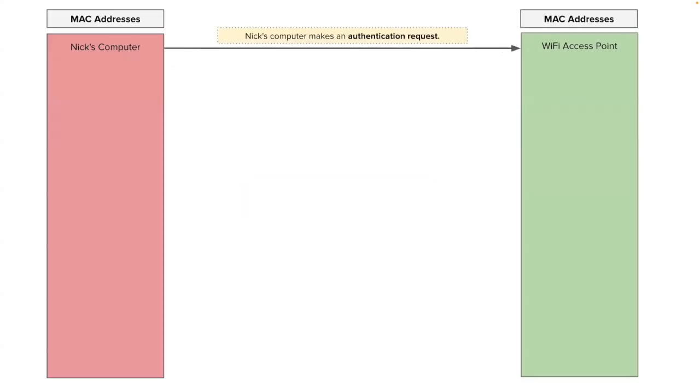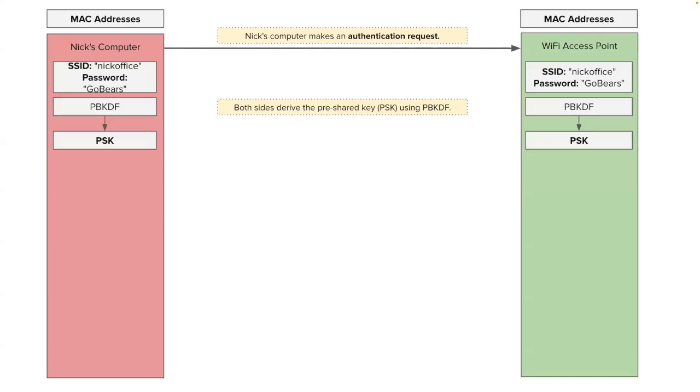Okay, now let's say Nick actually wants to connect to this Wi-Fi access point. Nick will make an authentication request, and then both sides are going to generate the pre-shared secret key using PBKDF. We do require that you know the password to be able to connect to this Wi-Fi, so this pre-shared secret key is based on both the SSID and the password.